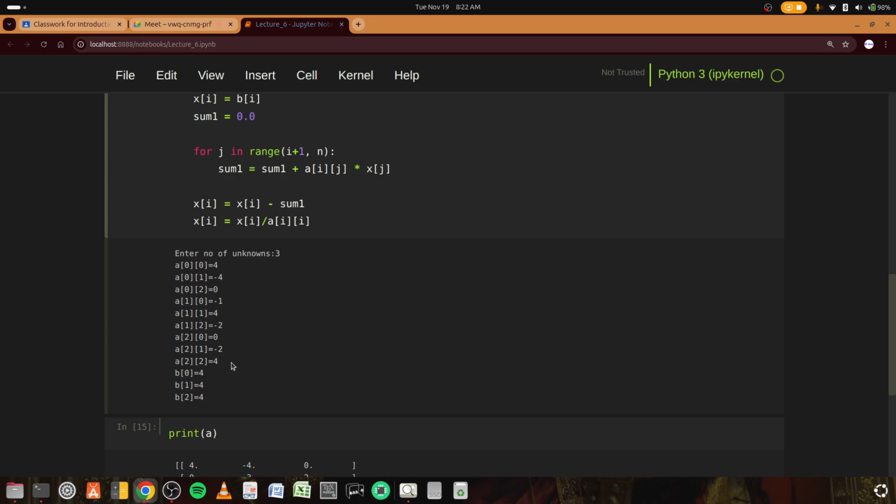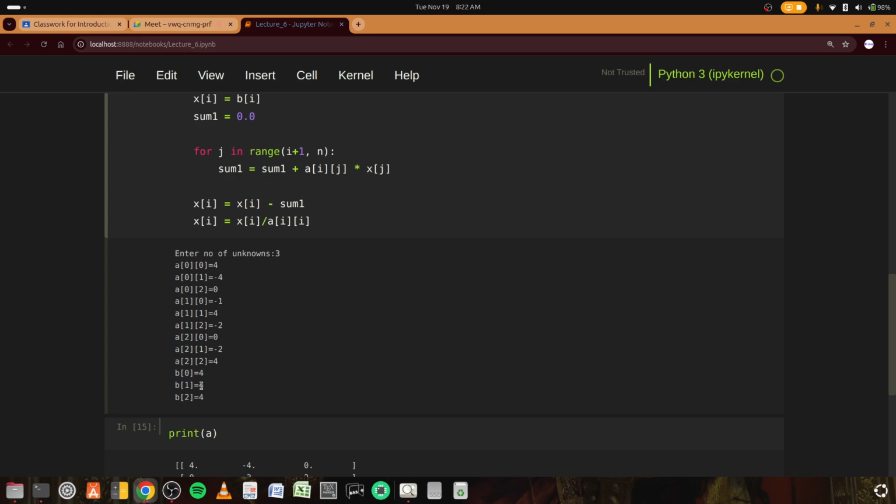So that is why the first coefficient is A00, then A01, A02, and similarly instead of B1, B2 and B3, we are writing B0, B1 and B2, right? So that is the problem here.